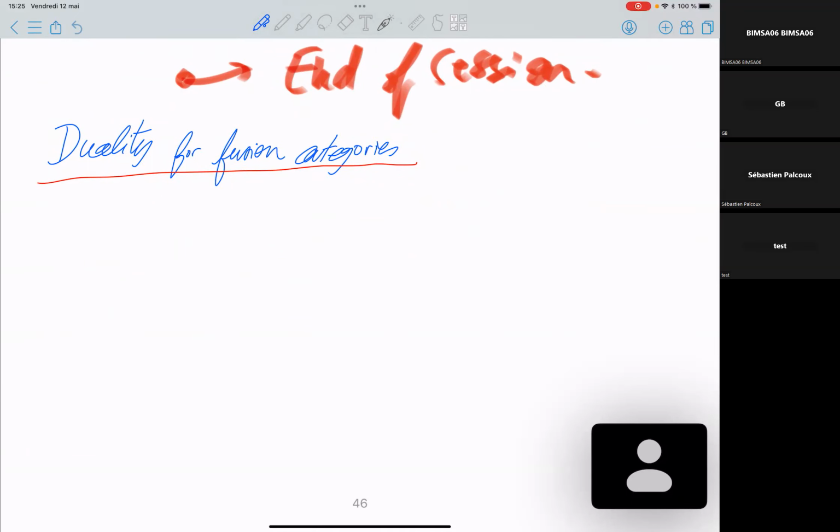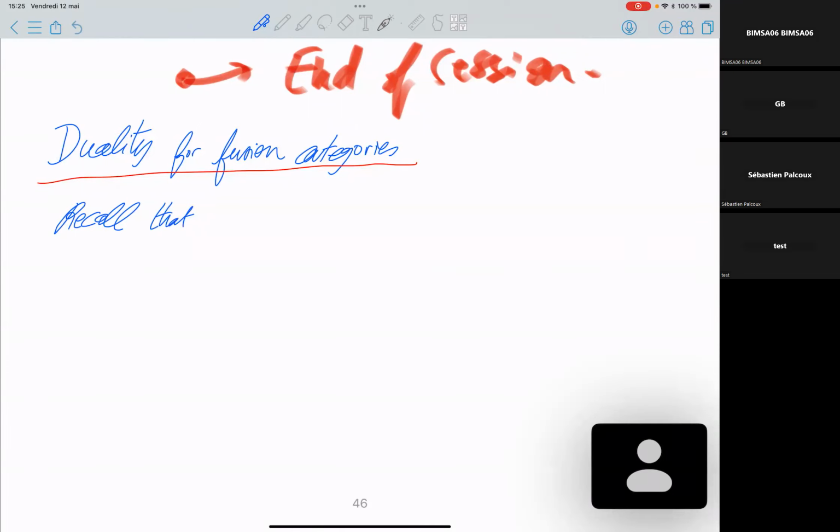Okay, so recall. If you consider a fusion category and a module, what about the dual with respect to the module?